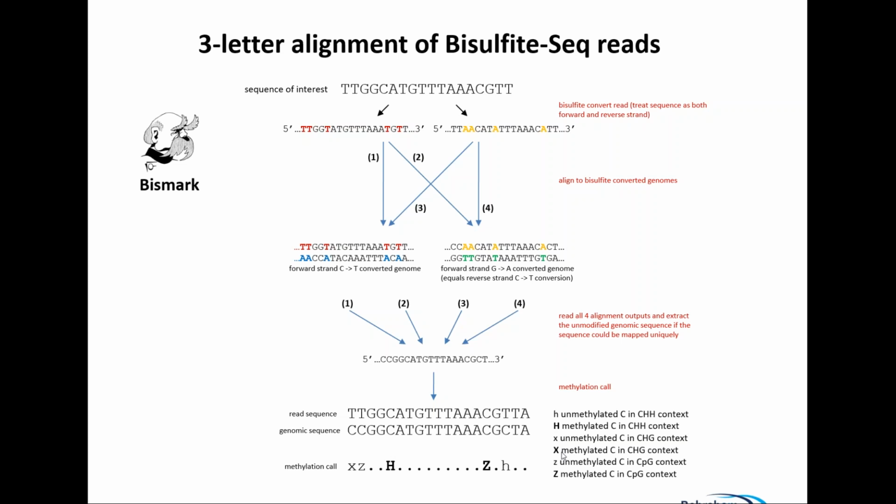And X would be a base in CHG context, like this one. If this was a C, C, G, that's CHG context. And then in addition to that, we also encode the methylation state in this string. If the characters are lowercase, the base was unmethylated, and if it was uppercase, then the base was methylated. So this is actually what all this is about, and what the researcher wants to get out of a bisulfite dataset.